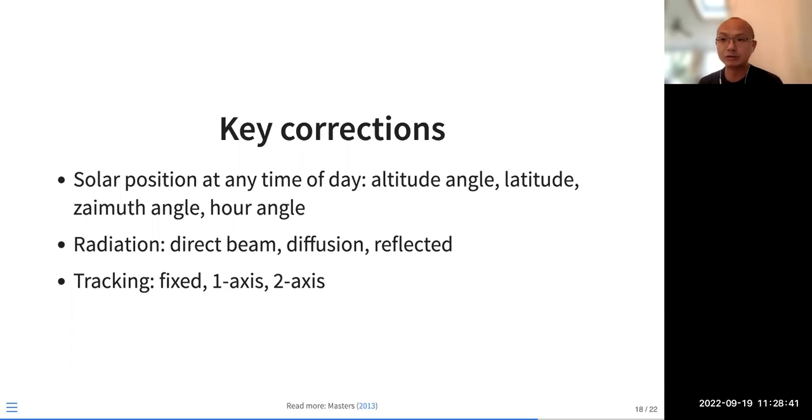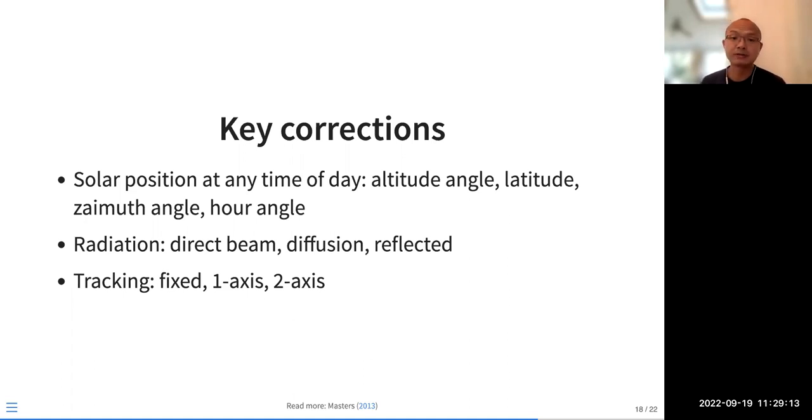In order to do that, we need to know the solar position at any time of the day if we want to know the instant power we can get from the system. So we have the altitude angle, latitude angle, zenith angle, hour angle, and how we can use those angles to do the calculation, do the correction.